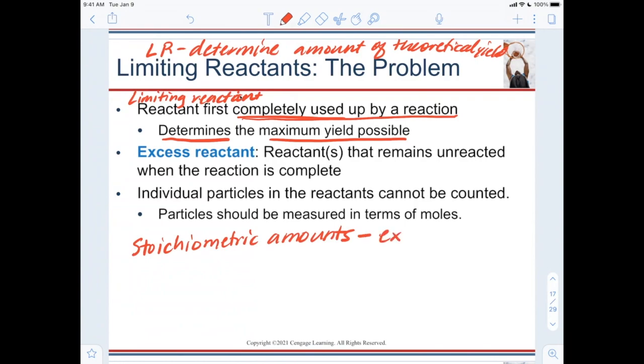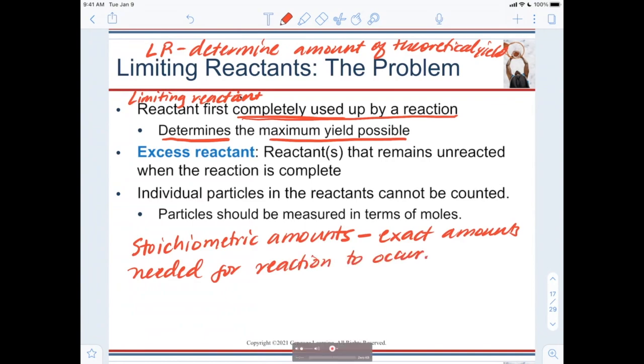This is called essentially having the exact amounts needed for the reaction to occur or to be possible. Okay? And with these exact amounts, there will be no waste. All the reactants form products. When the reaction is over, there will be no reactants left over.